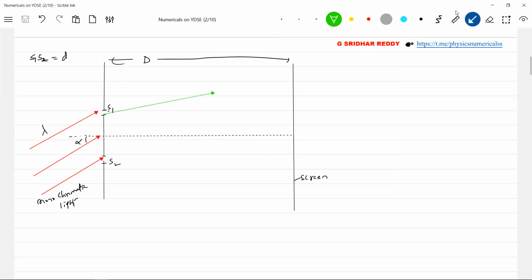This ray will meet here, this ray will meet here. Which ray will cover more path before the slits? The ray passing through the slit S1 will cover more path before the slits, and the ray passing through slit S2 will cover less path. After the slits, who will cover more path? Ray 2 will cover more path than ray 1.